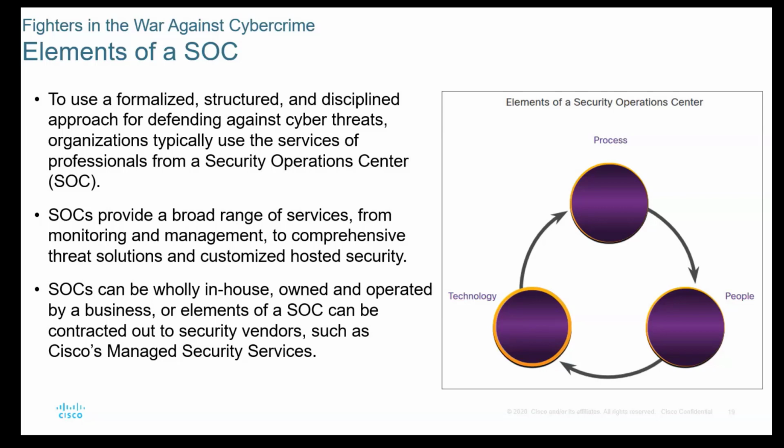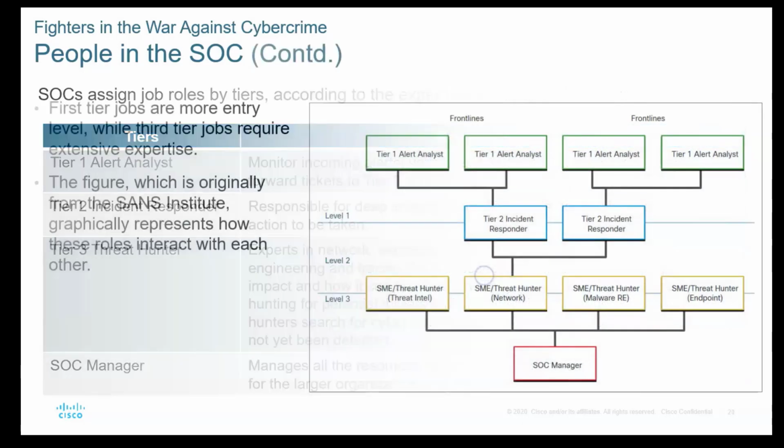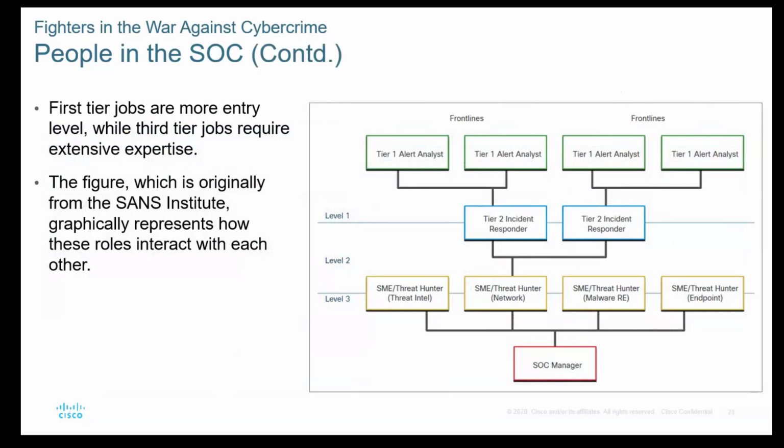You've got to know about people, processes, and technology. You've got to make sure you understand these particular elements when it comes to a security operations center. The different tiers: an analyst, an incident responder, a threat hunter, a manager. You need to know the different roles in here, and it will be on the test. You look at this: analysts rise to incident responders, who rise to threat hunters.